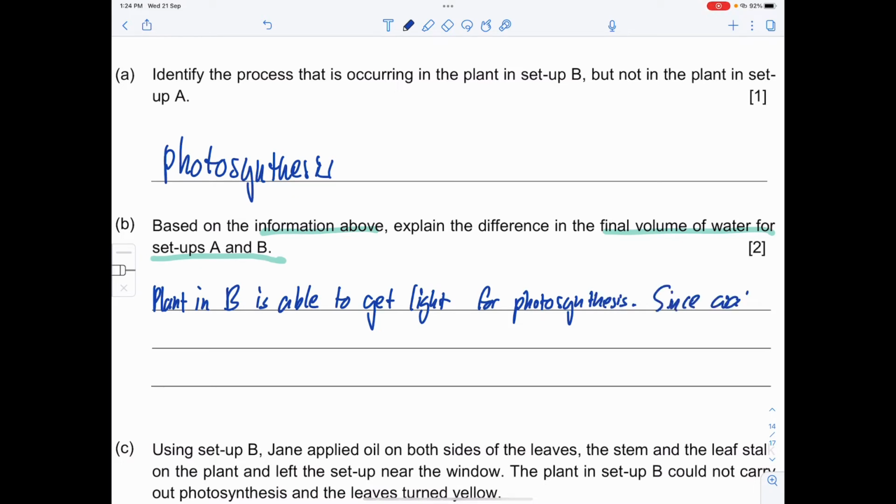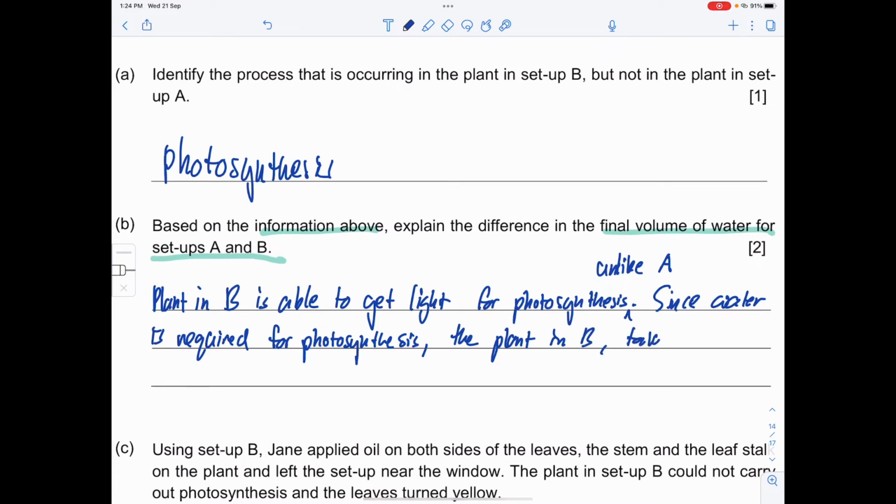Since water is required for photosynthesis, the plant in B takes in more water, resulting in less water left in its jar, which is jar B. So it's very clear cut.